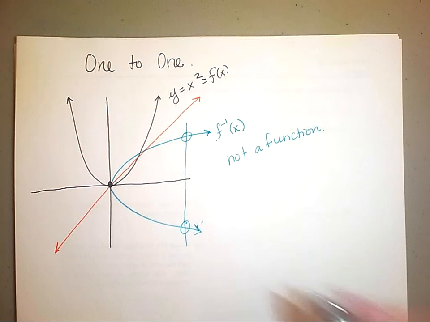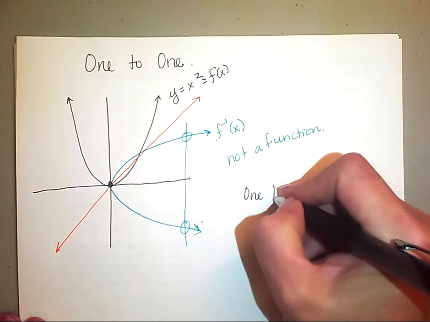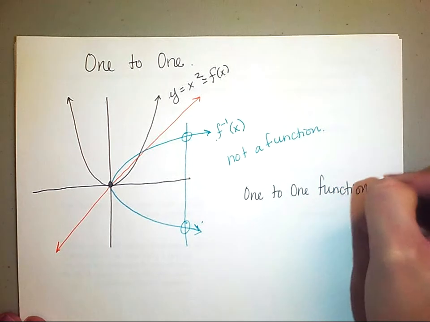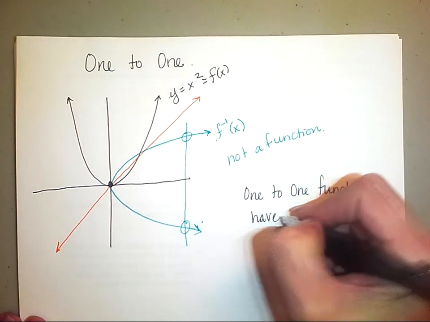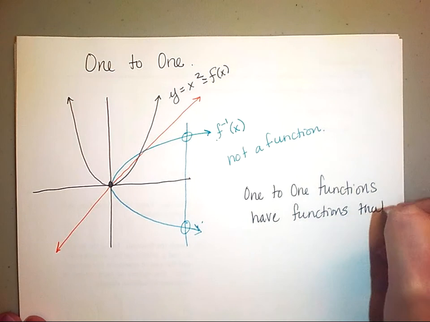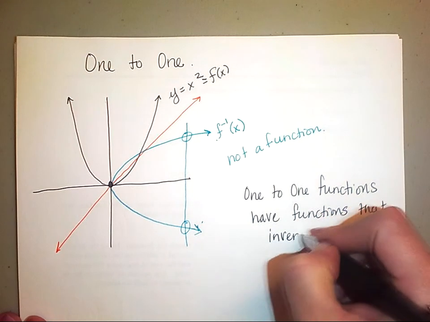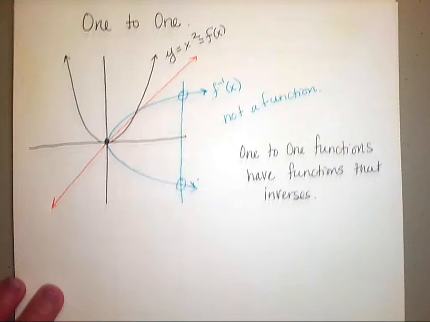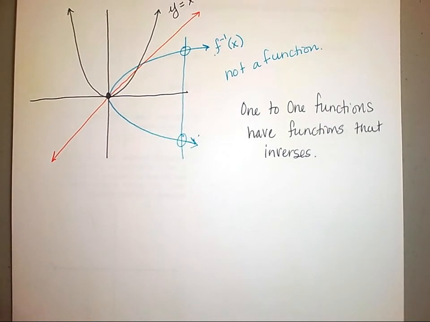And the answer to that is that one-to-one functions have inverses that are functions. So that's a key note about why some are and why some are not.